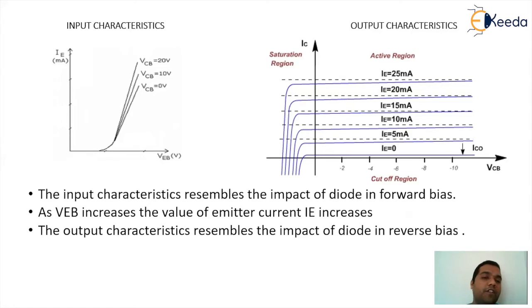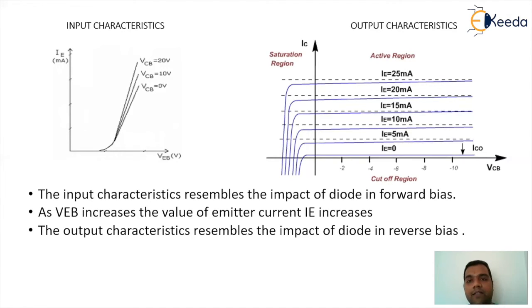But if your observation is sharp, the device is biased with respect to two batteries. So there are two conditions, one is the input condition and one is the output condition. Whenever we are trying to analyze a particular side, like the input side, at that time the output side impact will be constant. And that's the reason for getting the readings of IE versus VEB, we keep the voltage value of VCB at a fixed value.